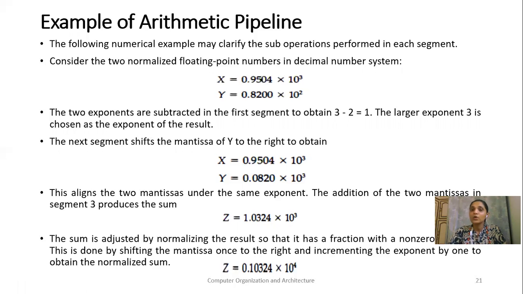We want to do the addition of these two numbers that we have represented by x and y. How can you do the addition? Is it possible by simply adding the mantissa terms?